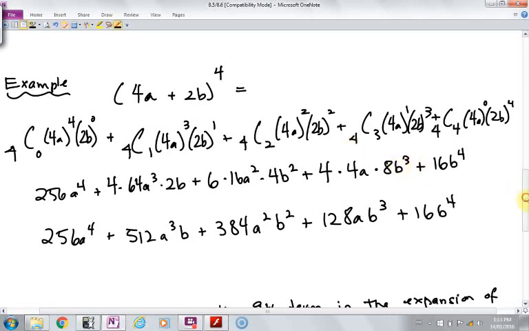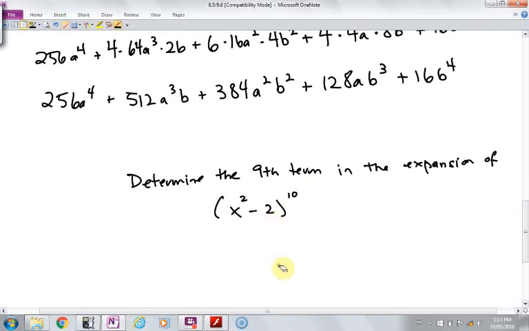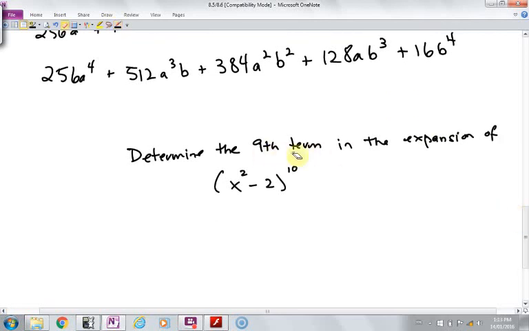All right, the only other kind of question that I could ask you is one like this, where I give you a binomial expansion and I say, tell me the 9th term in the expansion. So when I say that, I'm not asking you to do the whole thing and expand it out like we did here. You certainly can do that, but you don't need to. If I want to know the 9th term in the expansion, what does k equal? 8. k equals 8.